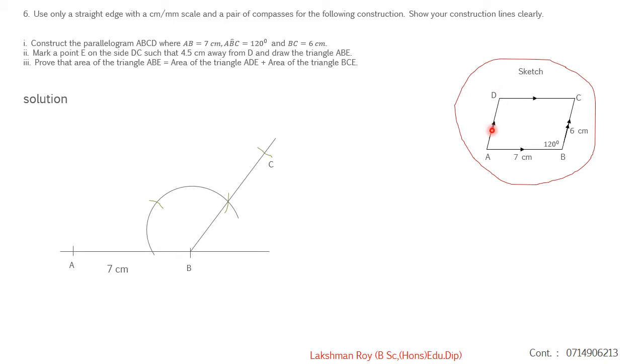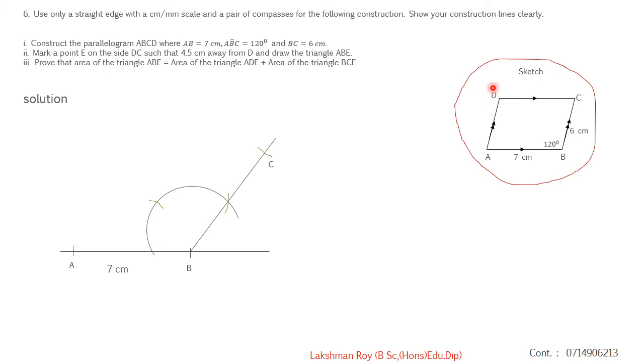Now I am going to construct the AD line, right? AD line is parallel to BC line. That is the property of the parallelogram. So that means you have to construct a parallel line to BC through this point A, then you get the AD line, right?